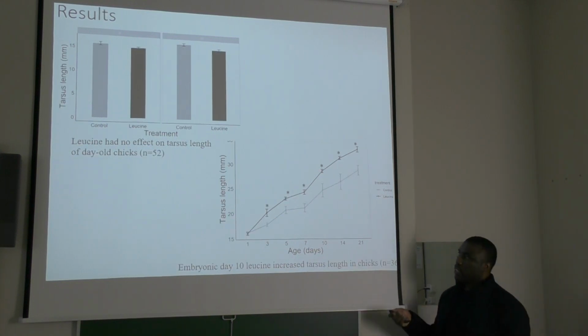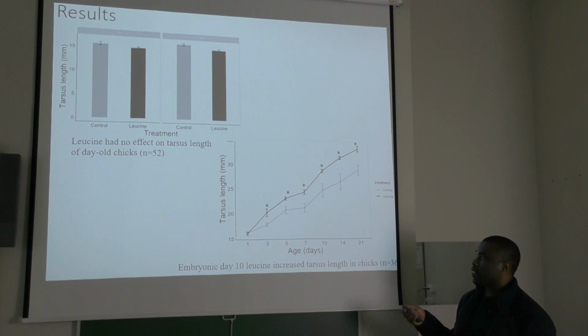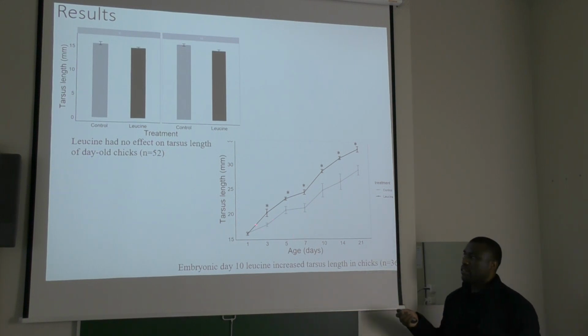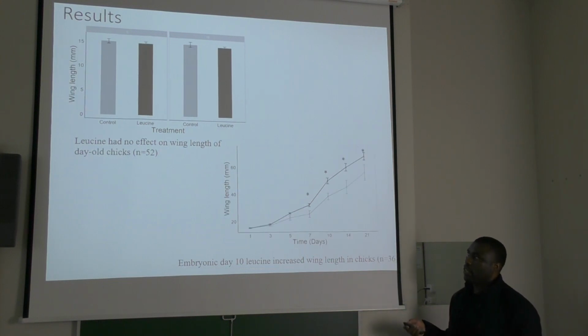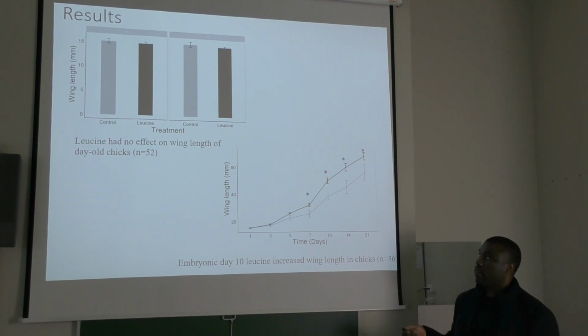Tarsal length followed the same trend, beginning in day 3 towards day 21, but day 0 and day 10 had no significant difference in terms of tarsal length. The same applied to the wing length. We found that wing length was significant from day 10, increasing from day 7.